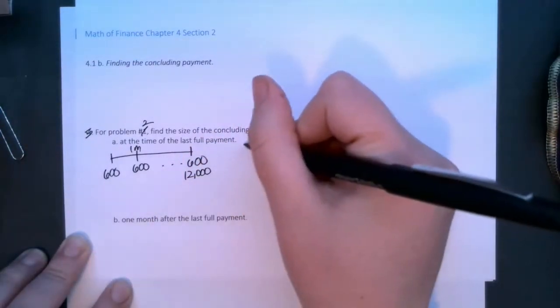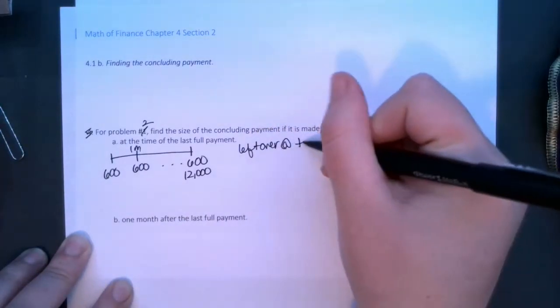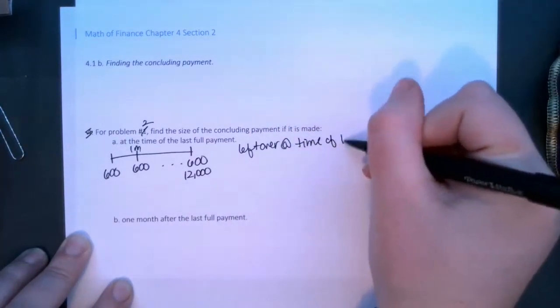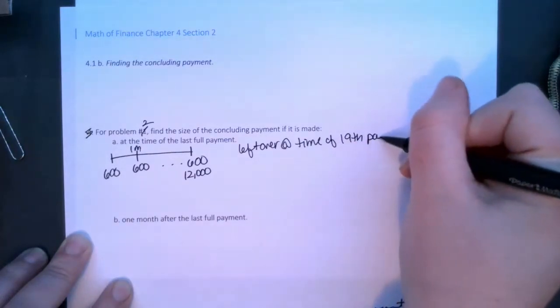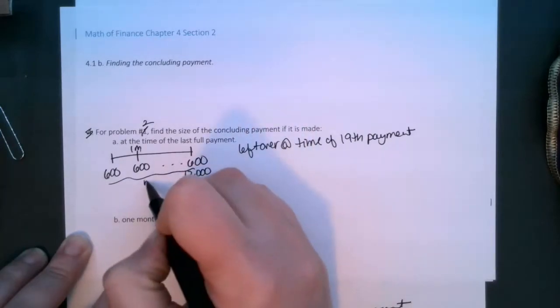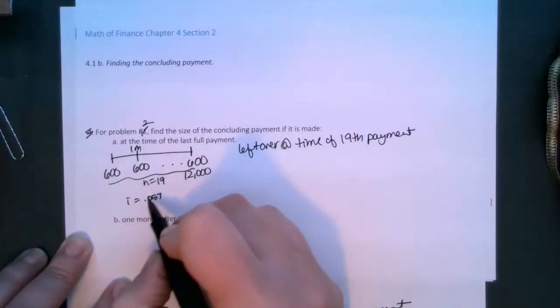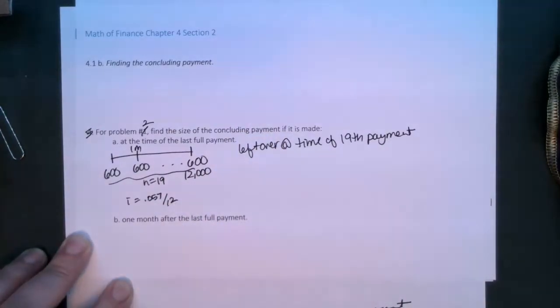So we're trying to find the leftover at the time of that 19th payment, because that's what we found before, is that n was 19. And as a refresher, our I was 0.057 over 12.